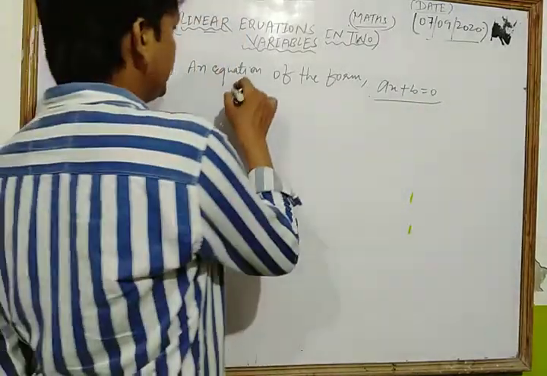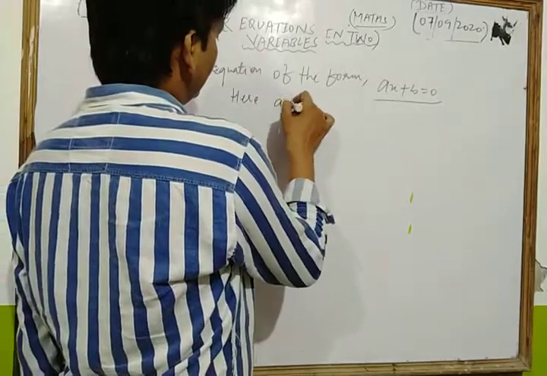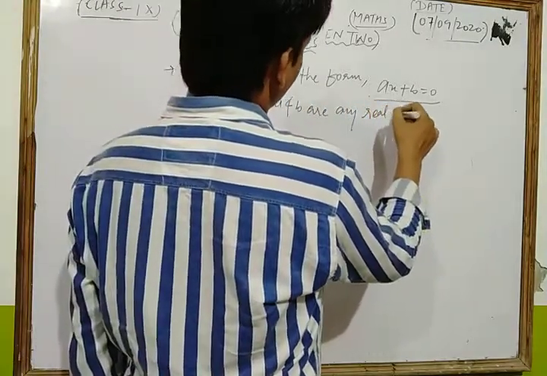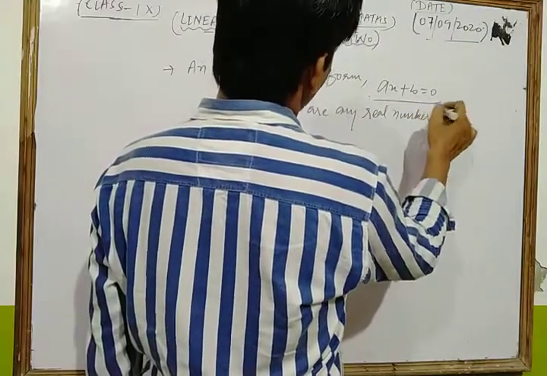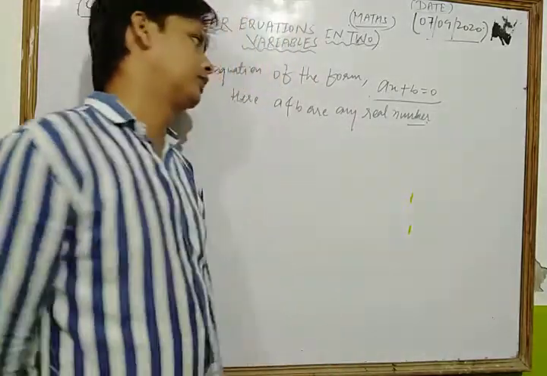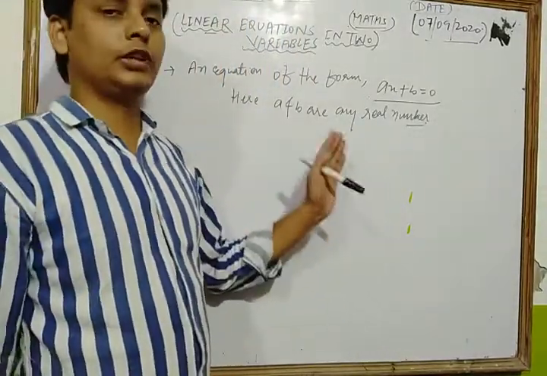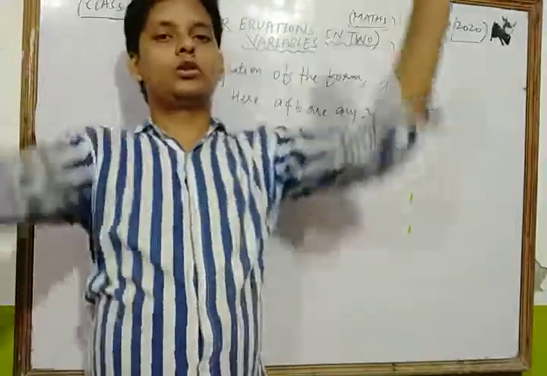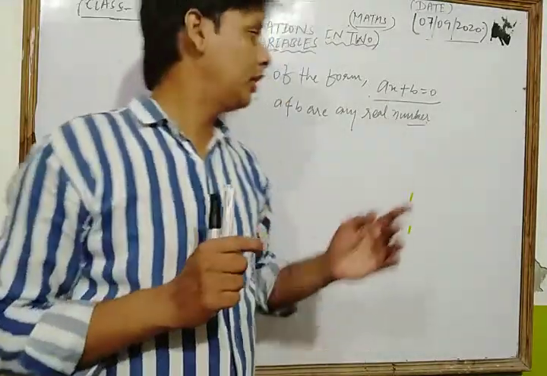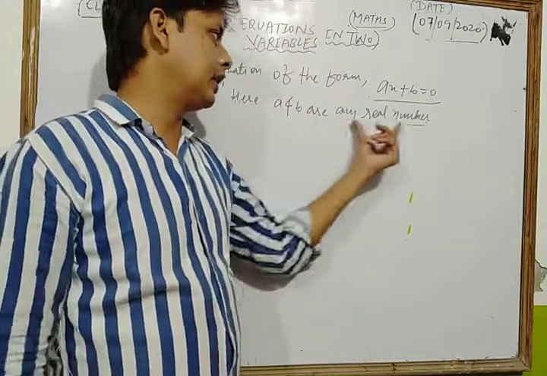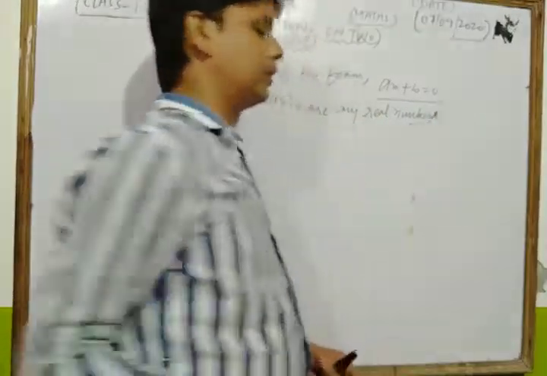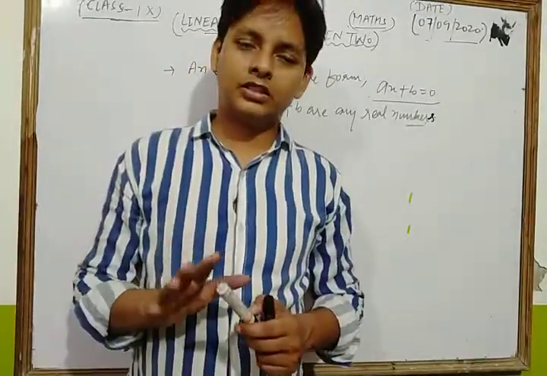Here a and b are any real numbers. So an equation of the form ax plus b is equal to 0 is known as a linear equation, and here a and b are real numbers. Now this concept is clear.